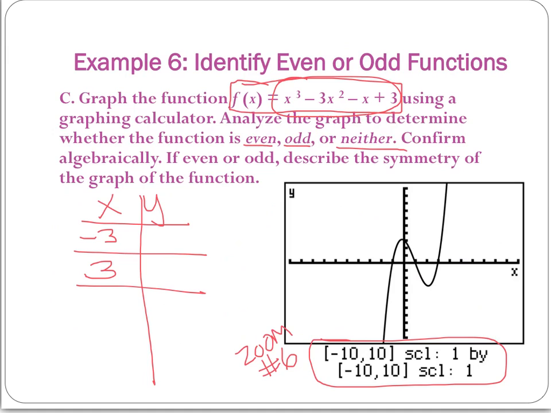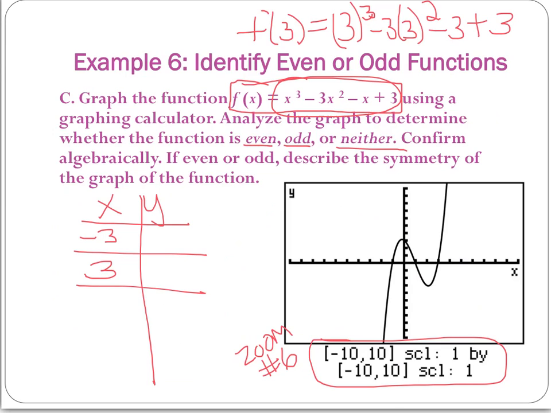So up here at the very top of the screen, I'll say f of 3, and if I plug in 3 cubed minus 3 times 3 squared, minus 3 plus 3, we're going to get 3 cubed is 27. 27 minus 3 squared, here is 9, 9 minus 3 is 27. Minus 3 plus 3. And we're going to get a 0.